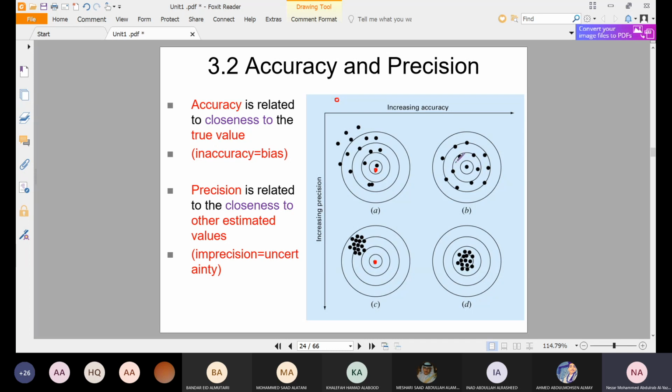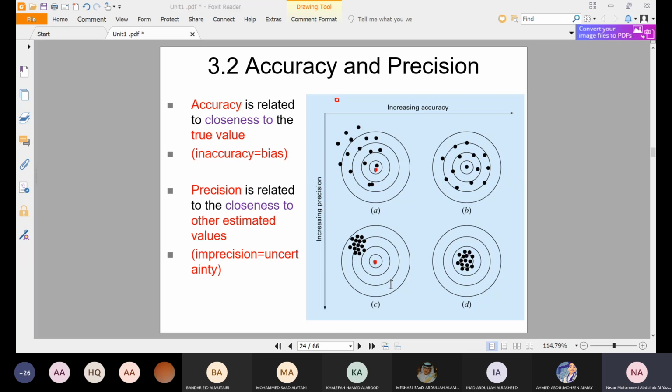In this one you can see our result is close to the true value, so this will be accurate but imprecise. The last one is clear, all your shots are at the center, so in this case your measurement or your result is accurate because we are close to the true value, and also precise because all the results or all the estimations are close to each other.